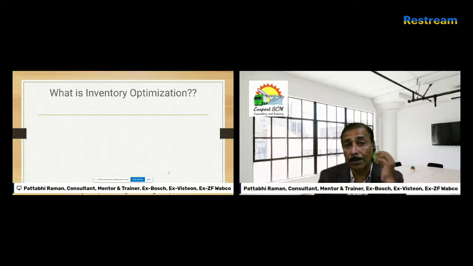You should also understand that inventory is contributed to by many functions in the organization, starting from the design itself. If they are not taking care of standardization, modularization or simplification, the problem will start from there.